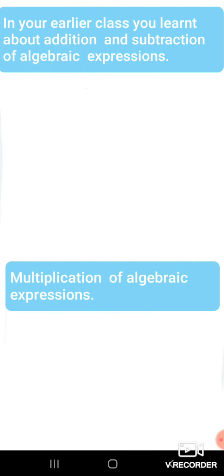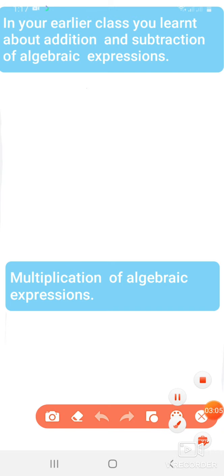Now come to the next one. In your earlier class, you learnt about addition and subtraction of algebraic expressions. Shall we see that? Yes. Here, addition and subtraction are only possible in like terms. We can add or subtract only the like terms.